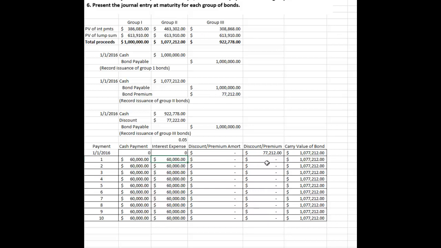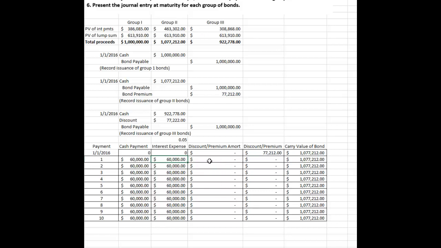But the straight line method is typically not the method that GAAP allows us to use. There are some exceptions, but we'll go through the effective interest rate method, which is the method preferred by GAAP because it's more accurate. So the question becomes how much, and that's what amortization means, how much of this 77,000 do we spread out to each payment period?